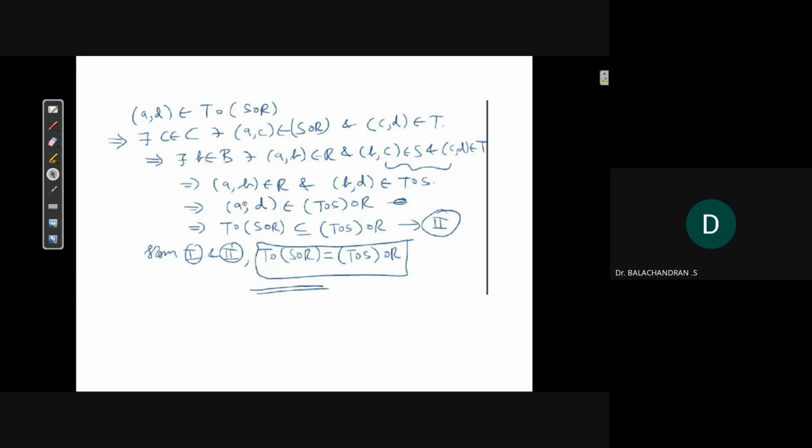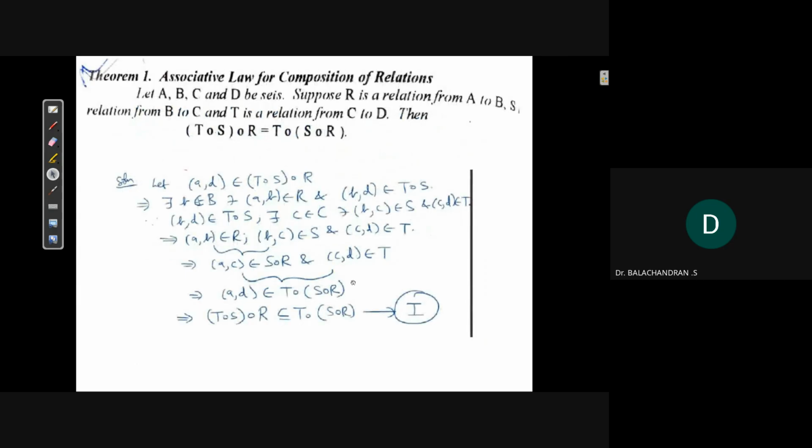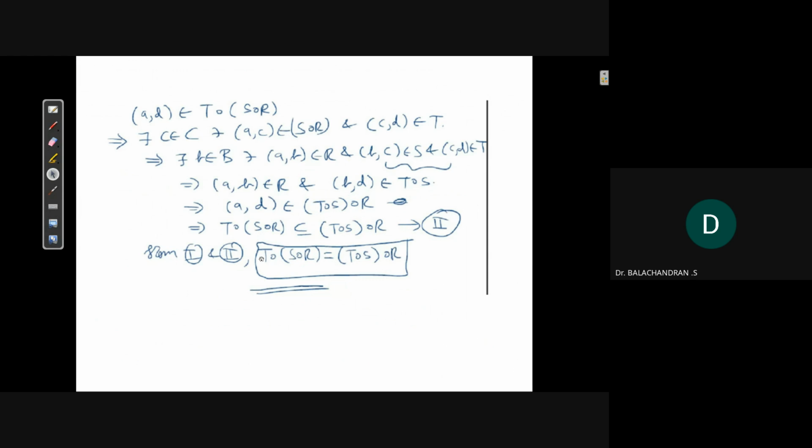I prove the same thing, the same element (A, D) belongs to (T∘S)∘R. Now this is a subset of this one. So it is written here. Now from 1 and 2, 1 means what? Already I told that this is 1. Okay, 2 is this. We conclude that T∘(S∘R) is the same as (T∘S)∘R.